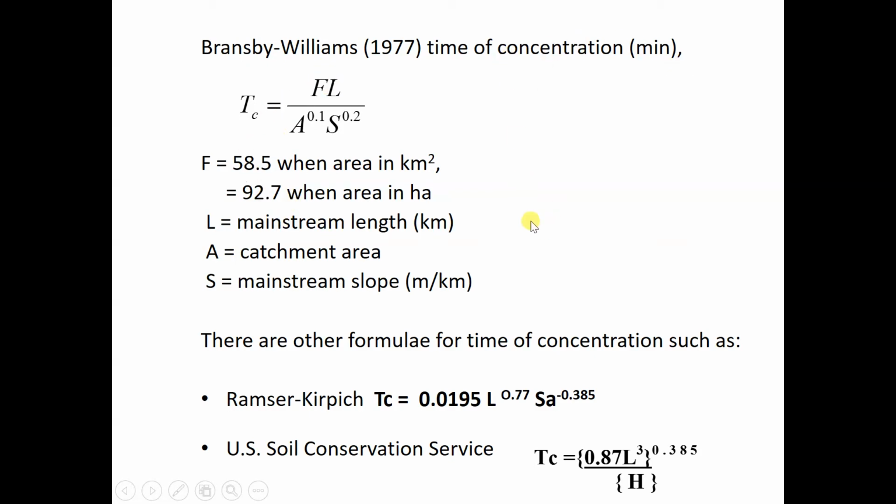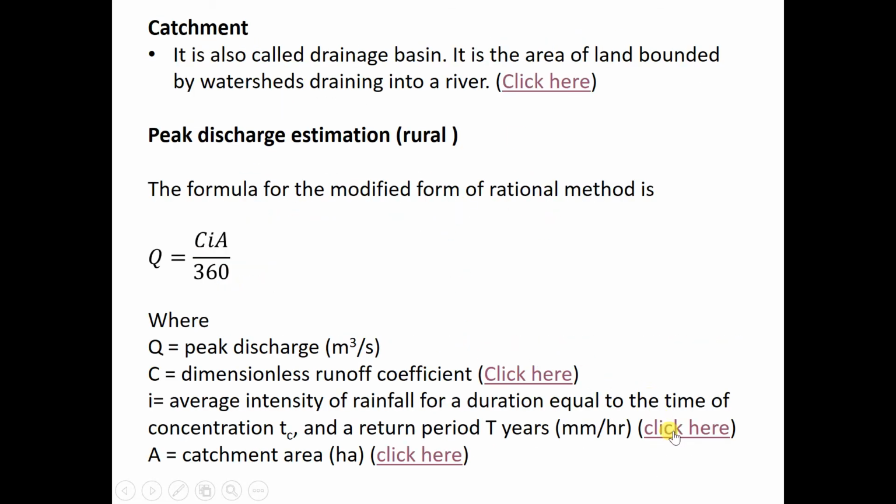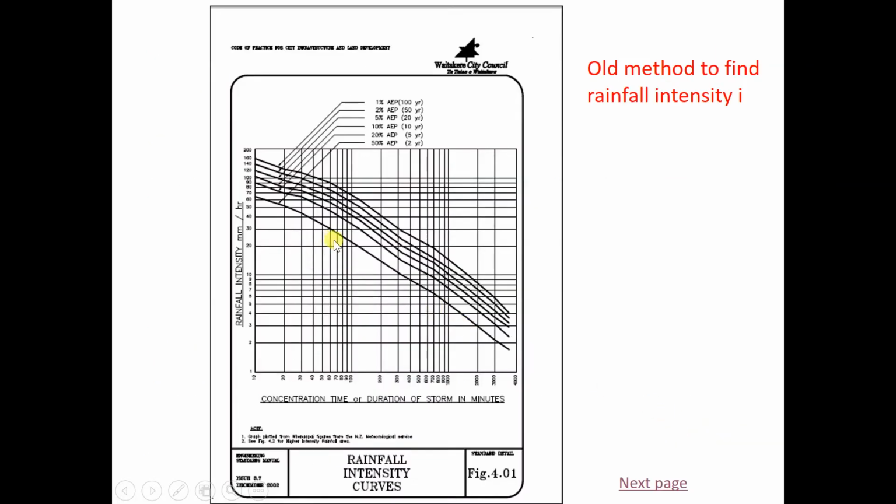These different curves are for different return periods: 2 years, 5 years, 10 years, 20 years, 50 years, 100 years. This means once in 2 years, 1 in 5, 1 in 10, 1 in 20, 1 in 50, 1 in 100 years.